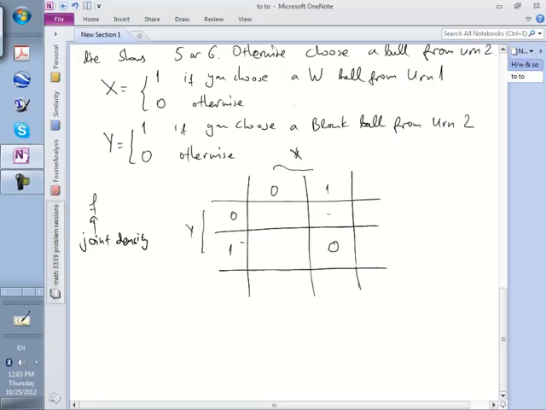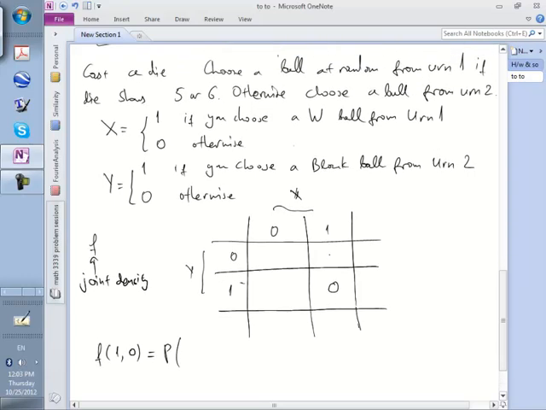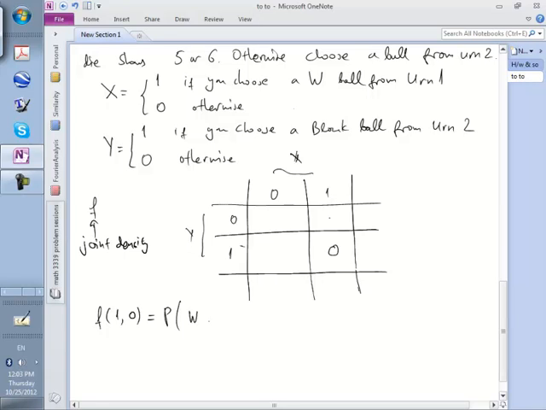Let's look at the next one. X takes the value 1 and y takes the value 0, which means this is the probability of choosing a white ball from urn 1. And what does it mean for y to be equal to 0?